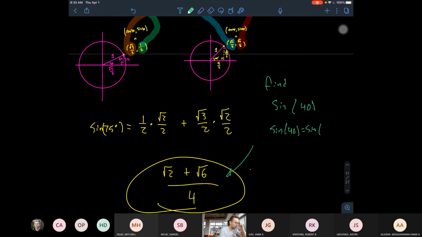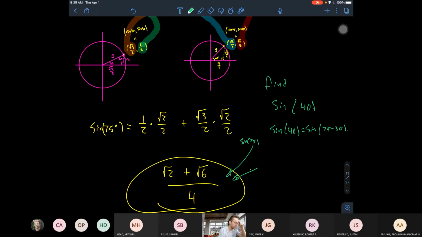From the previous problem, we now know what sine of 75 is, and I can express 40 as 75 minus 30. So I can find sine of 40 by using the information which I just found out about sine of 75, and so on and so forth.